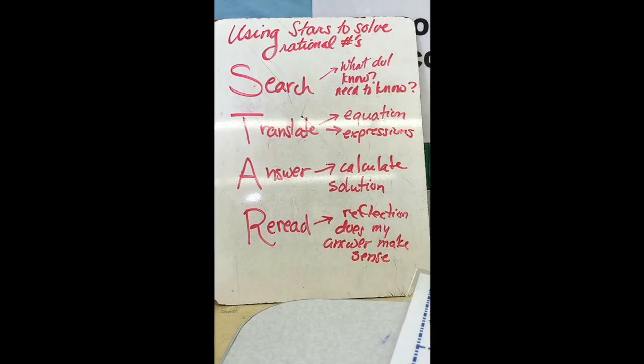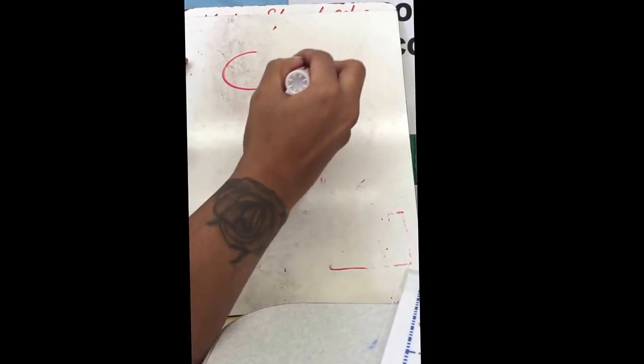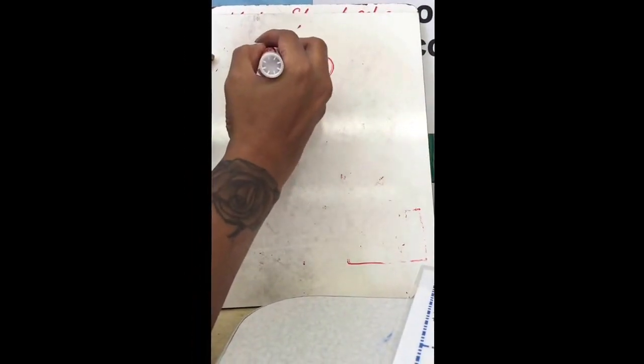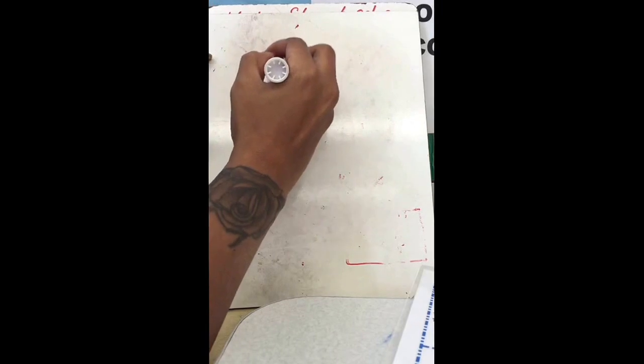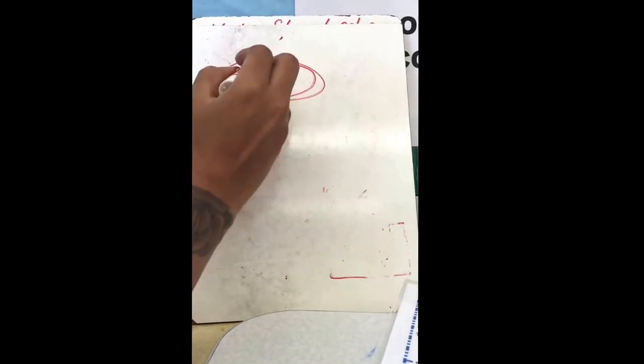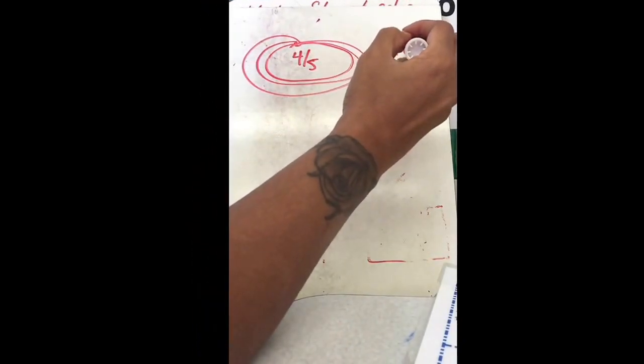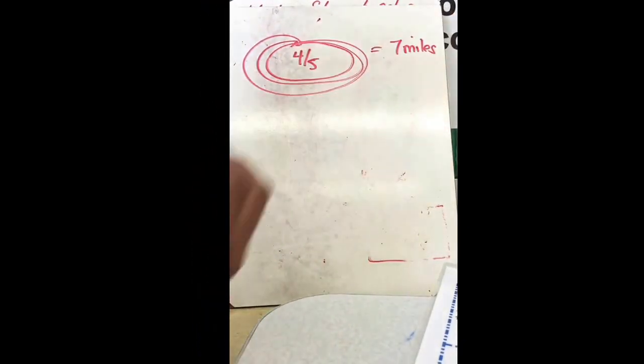So let's start translating it. So I have a track. If she goes around the whole track once, it's 4/5. And she's going to keep going around it and around it until she gets to 7 miles.